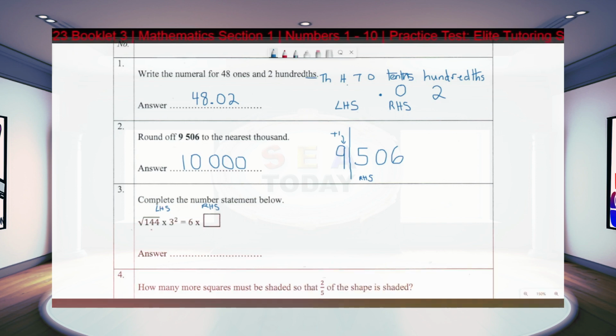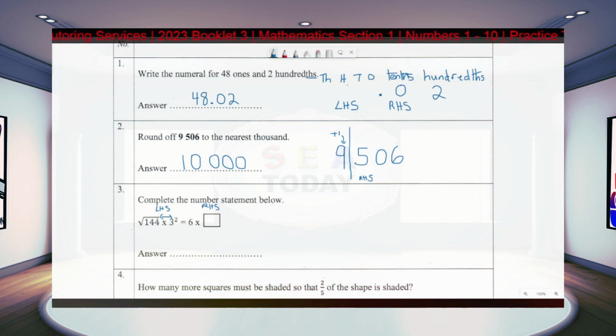So here we're going to do the square root of 144, and square root and squared, or raised to the power of 2, are actually opposites. So when we want the square root of a number, we want to know what number raised to the power of 2 will give us 144.